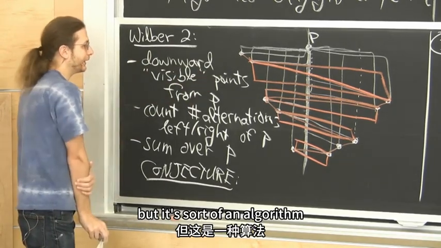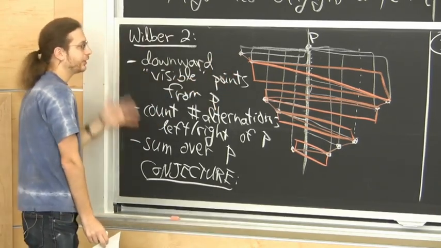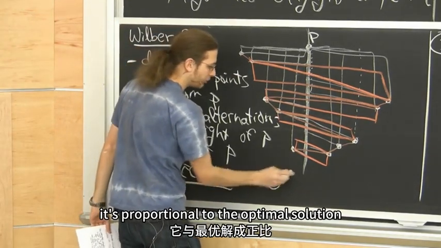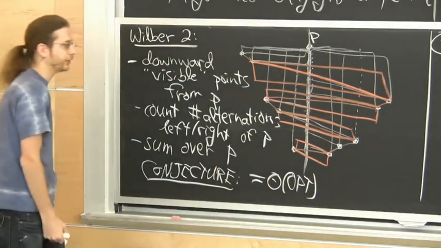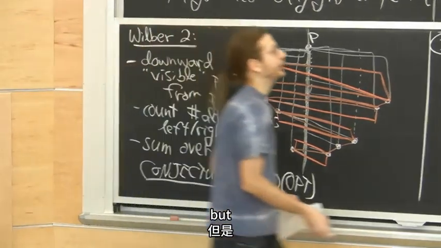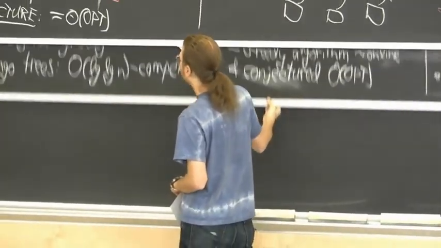But it's sort of an algorithm, a way to assign boxes, which gives you a lower bound. It's a little weird. We conjecture that it's proportional to the optimal solution. We can't prove it. We've tried many times. It's a pain to work with. But it is what it is.